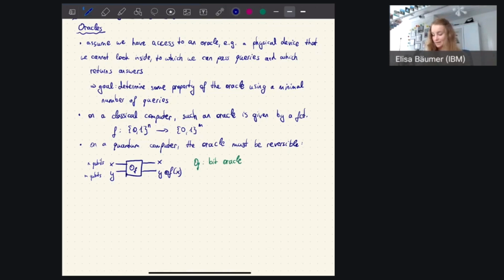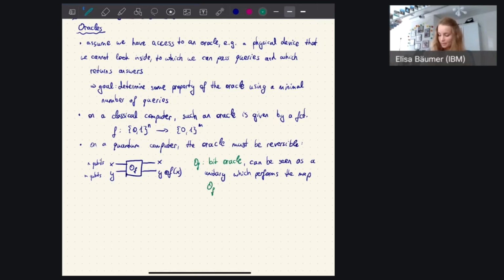This is the gate that implements our function f. It can be seen as a unitary, because I told you everything has to be unitary in quantum mechanics.